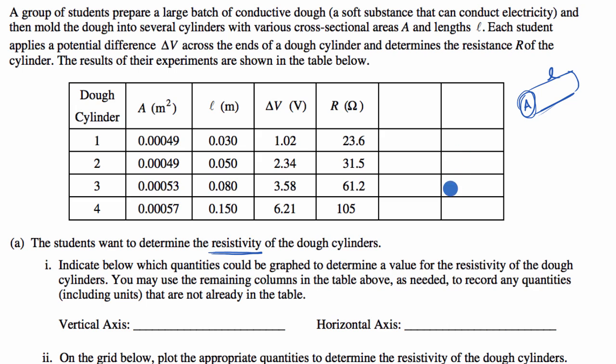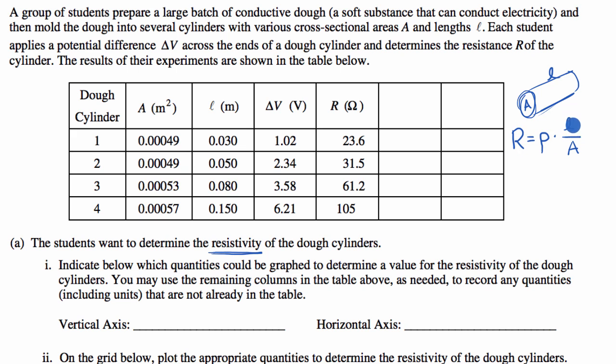And the relationship between resistance and resistivity, you could write it as resistance is equal to resistivity, which is usually represented with the Greek letter rho, times the length of the thing that you're measuring the resistance of, divided by the cross-sectional area. And so if you have a higher resistivity, all else equal, that would make a higher resistance.